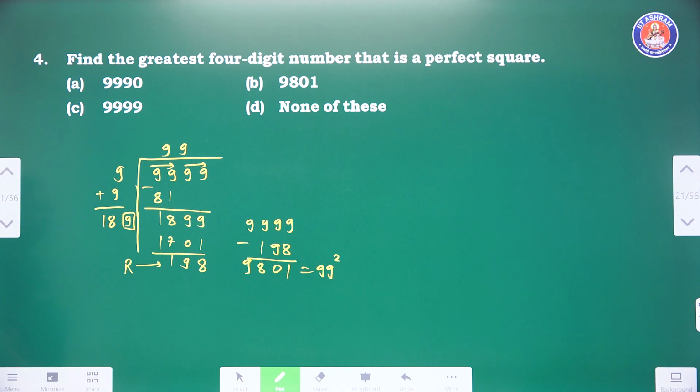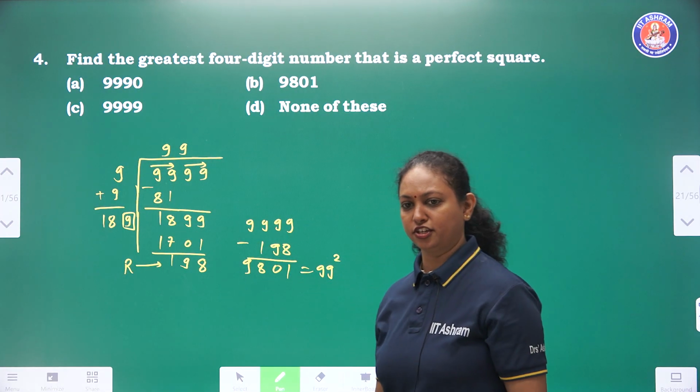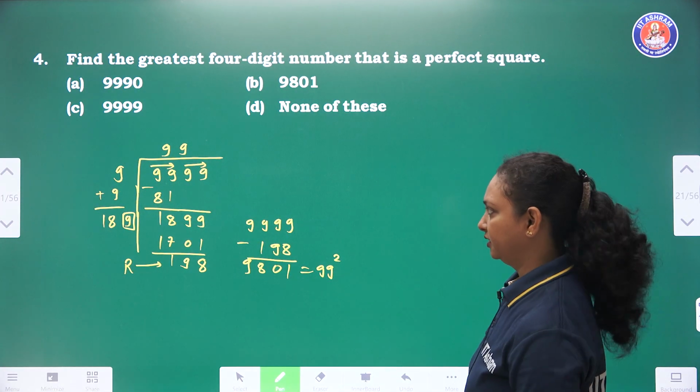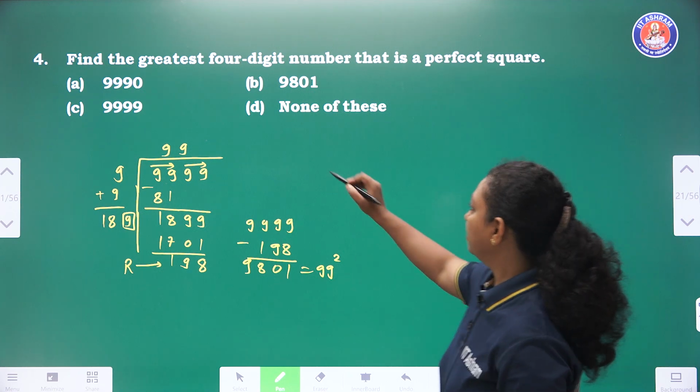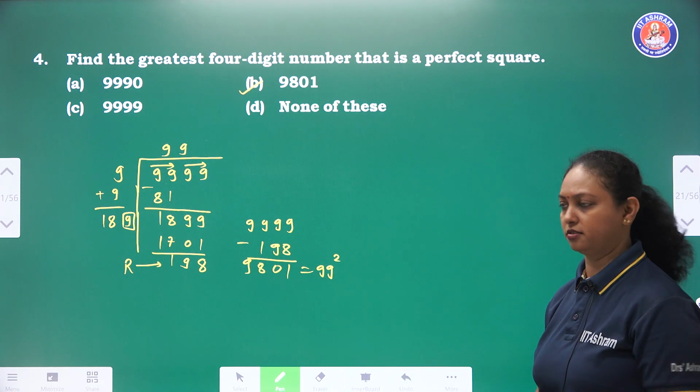So one method is to use long division and find the square root. Which number? 9801. It is a perfect square and the greatest 4-digit number.